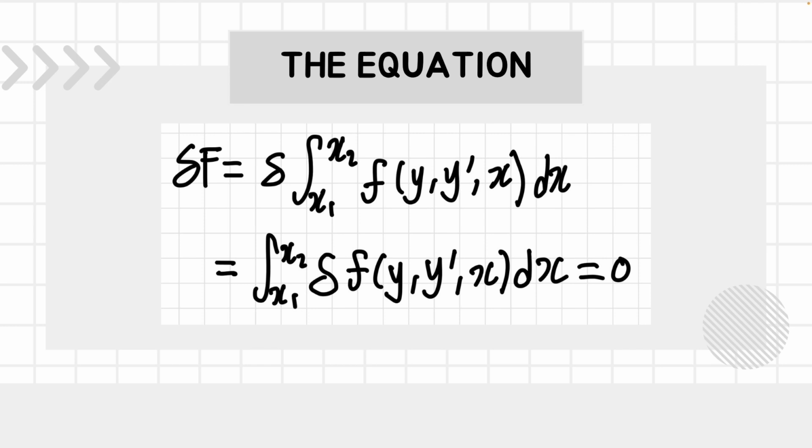Considering this, the difference in change small f can be called delta f, and when delta f is integrated to 0, it can be said stationary. Thus, the following argument holds. Here, delta is called the variation, and the method of searching stationary values is called the calculus of variations.